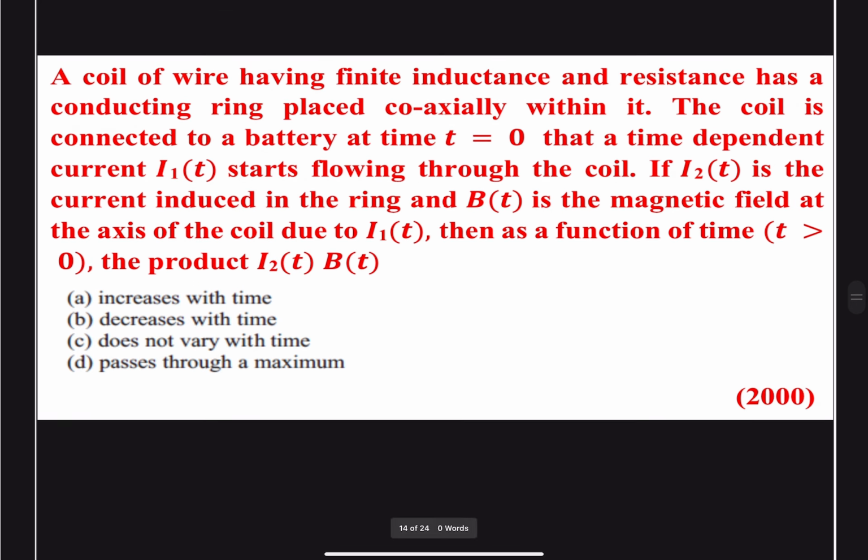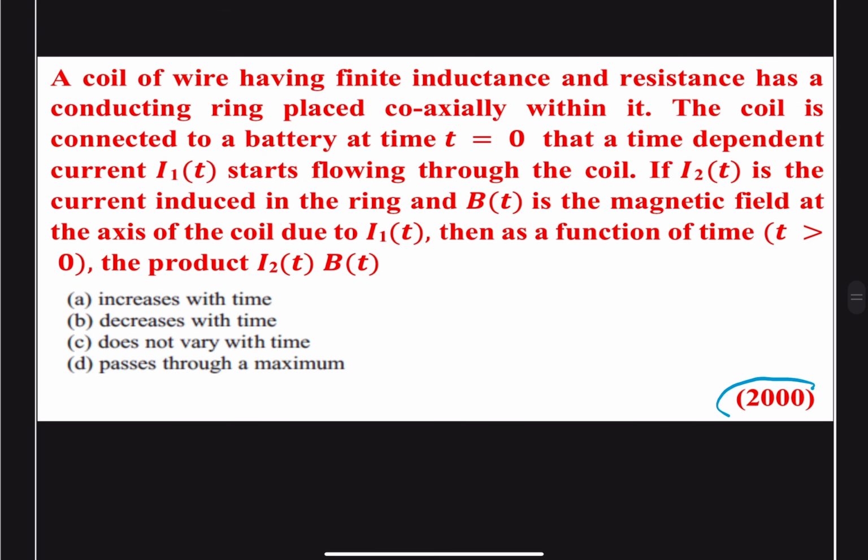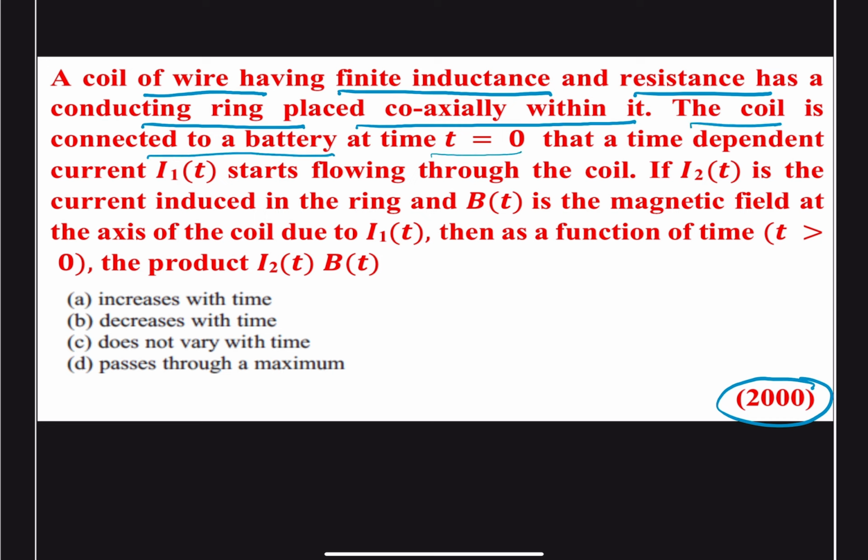Next we have a question which was asked in the year 2000, and it says that a coil of wire having a finite inductance and resistance has a conductor ring placed coaxially within it. The coil is connected to a battery at time t equal to 0, and a time dependent current I1 of t starts flowing through the coil.